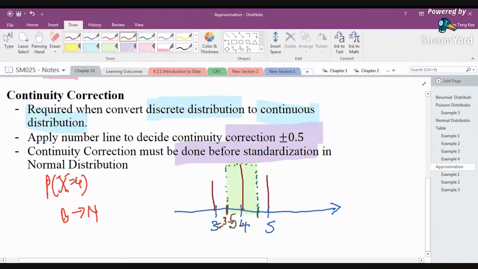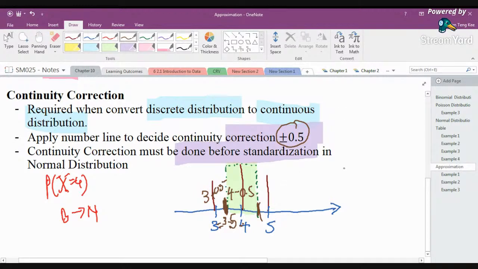And the 3.5 is apparently like 4 minus 0.5 or 3 plus 0.5. So this is the idea of why you see the corrections have plus minus 0.5, because you want to find this border here. We want to find this border here.